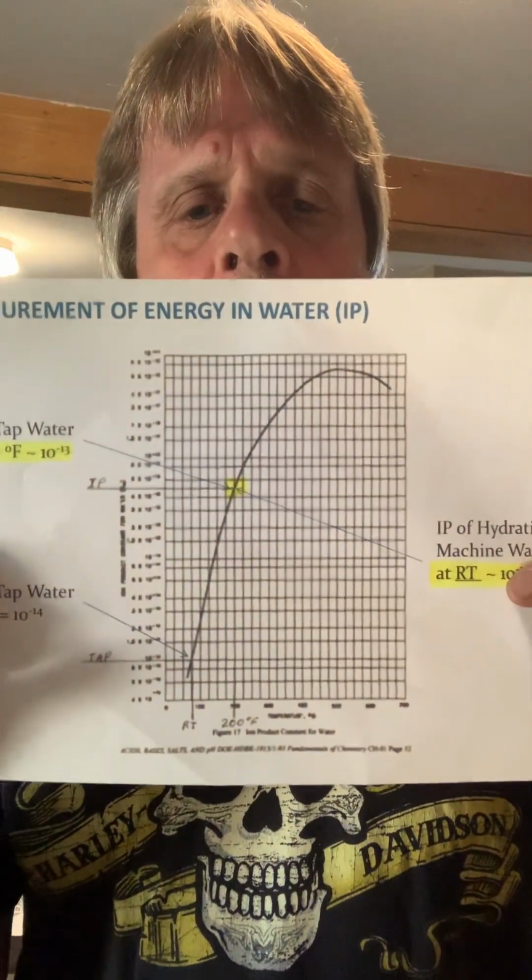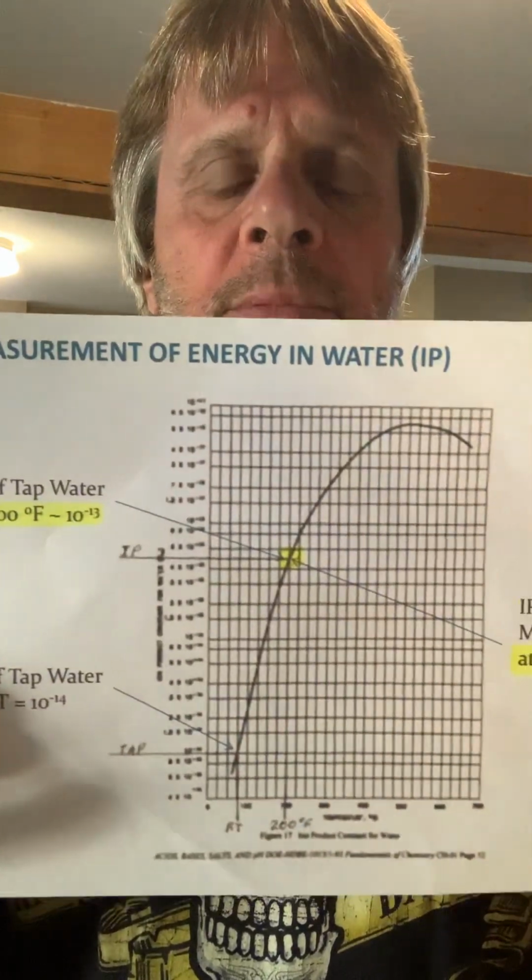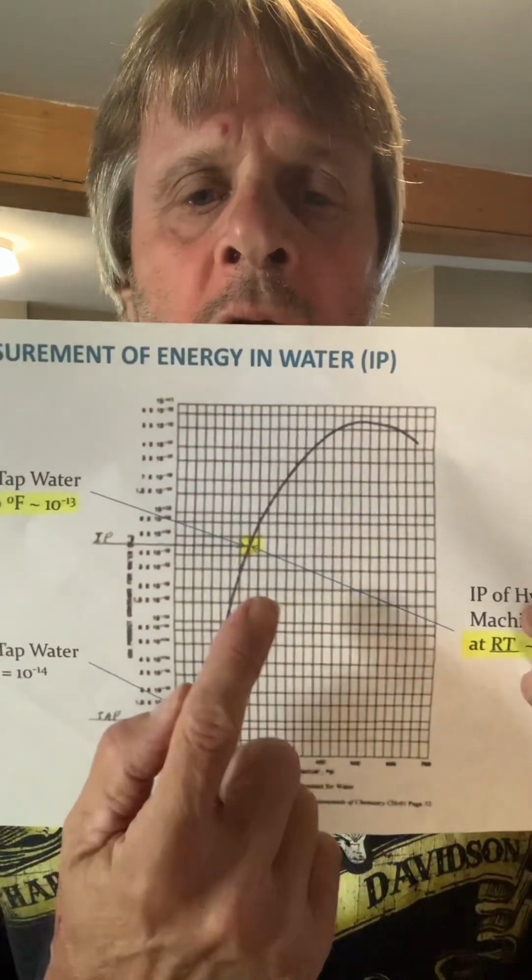I got this online. I didn't create it. This is the measurement of ionic product. In electrochemistry, the measurement of ionic product is a mathematical equation.